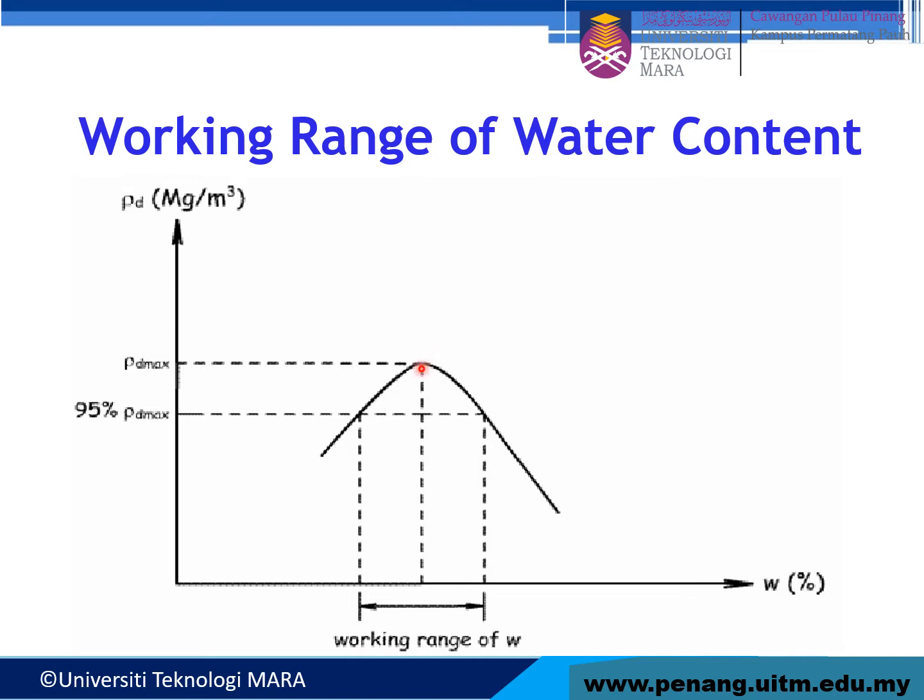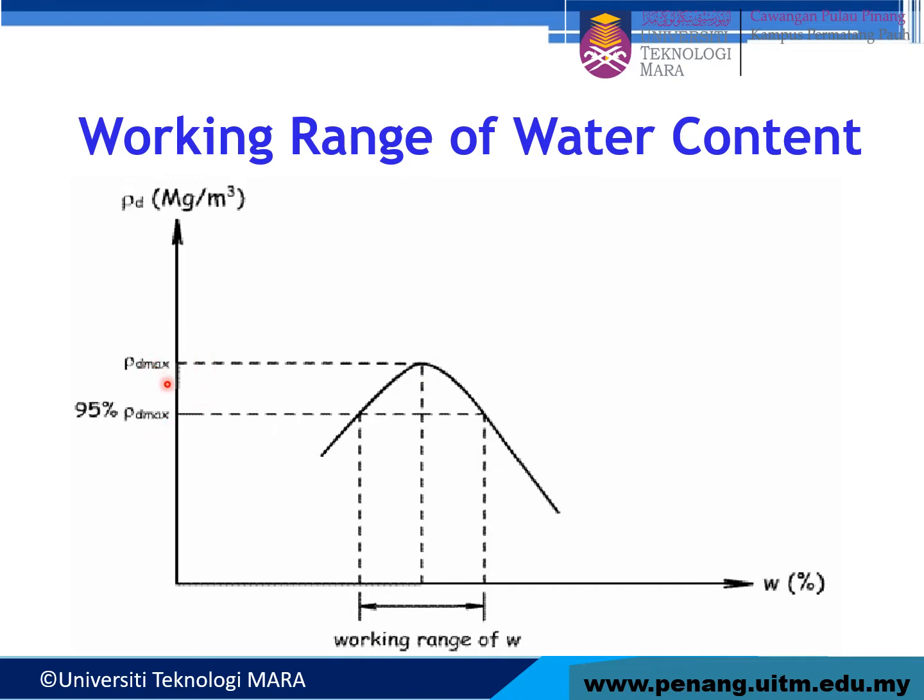For example, the optimum moisture content is 11 and the working range is plus or minus 2, so it is between 11 plus 2, which is 13, and 11 minus 2, which is 9. So it's between 9 and 13% moisture content.